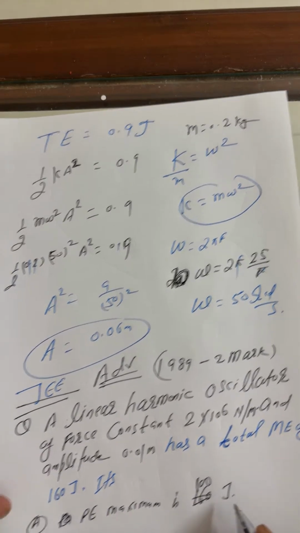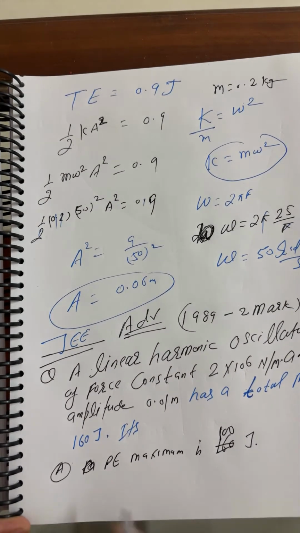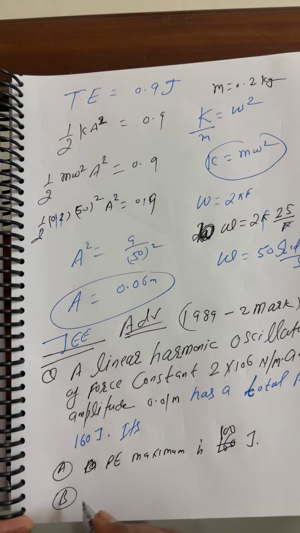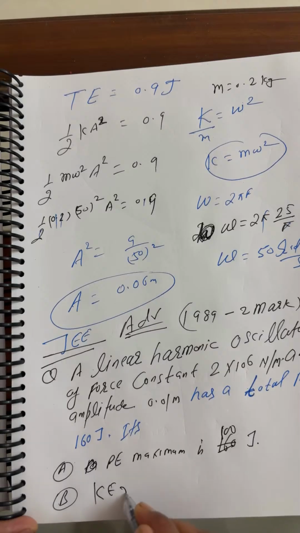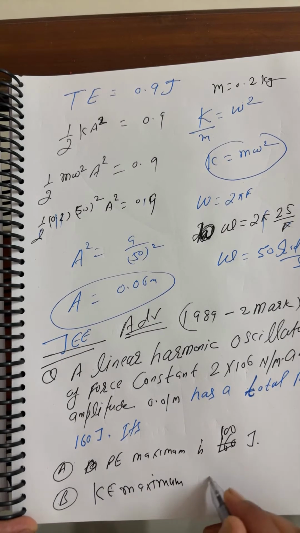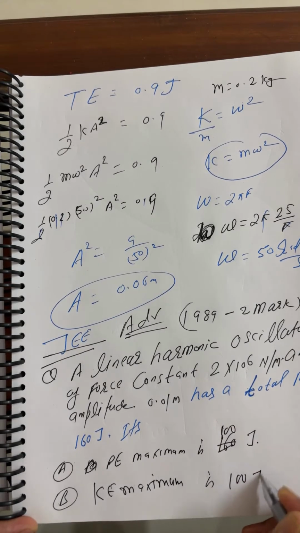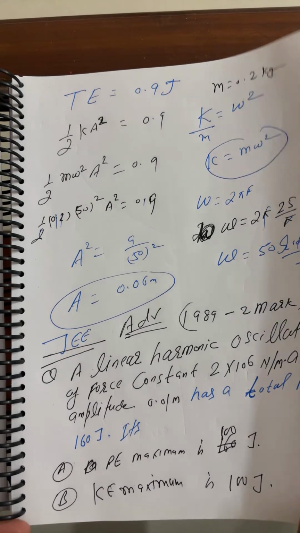Maximum potential energy. Now, students, option number second, kinetic energy maximum is 100 joule, right? Option number C, maximum potential energy.